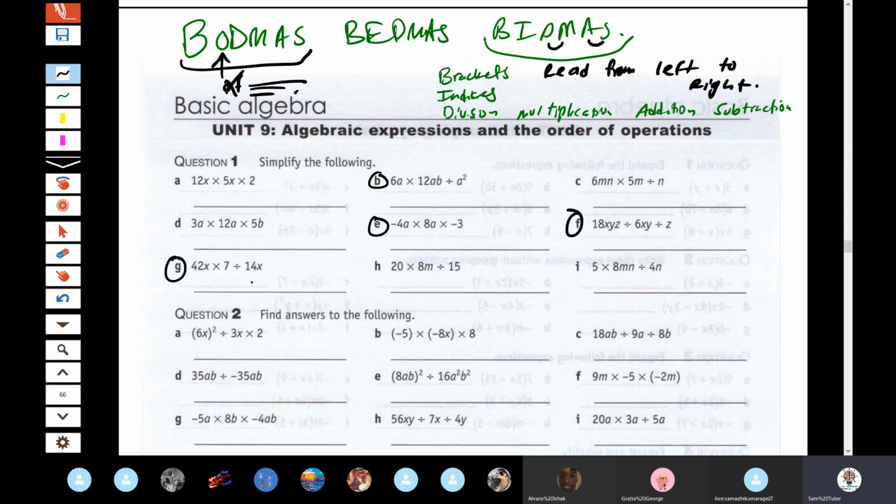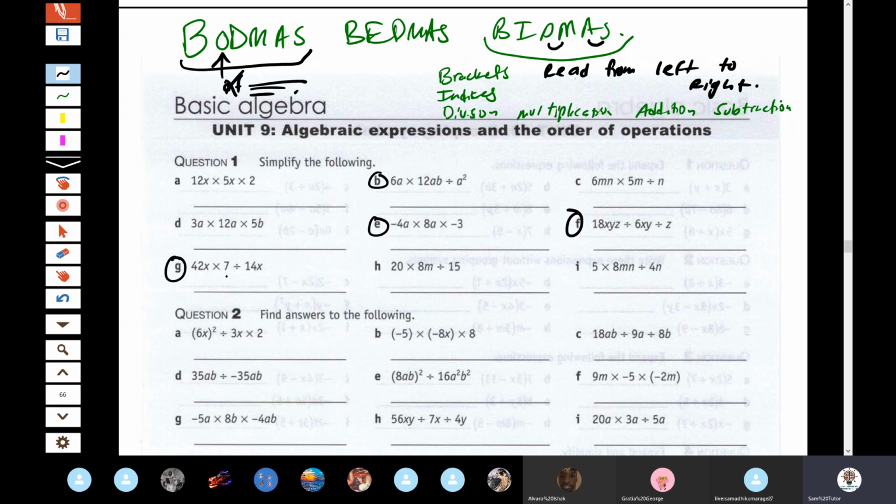Is that clear? We understand? So if it's in the same family, we just read it from left to right. That means if it was division first, then you do it. If it was multiplication first, like in this question, then you do that first. Yep. All good?